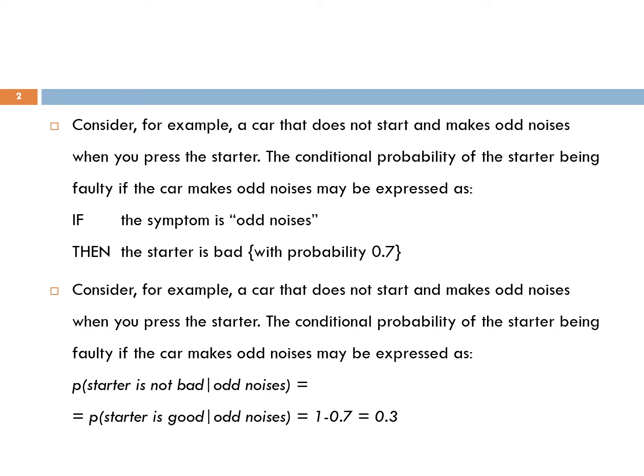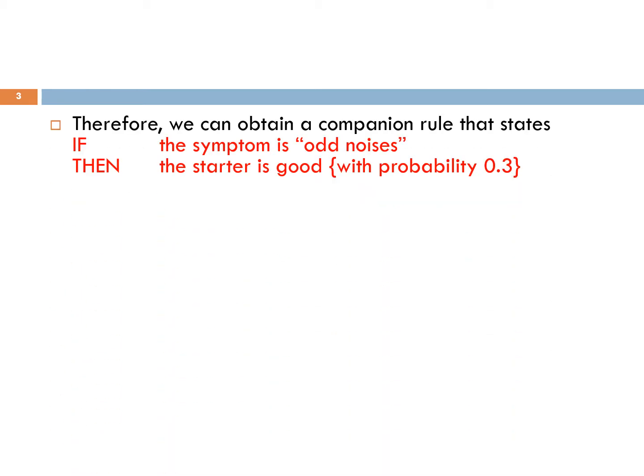So you understand up to here that you get only 0.3. Therefore, we can obtain a converse rule that states: if the symptom is odd noises, then the starter is good, with a probability 0.3.